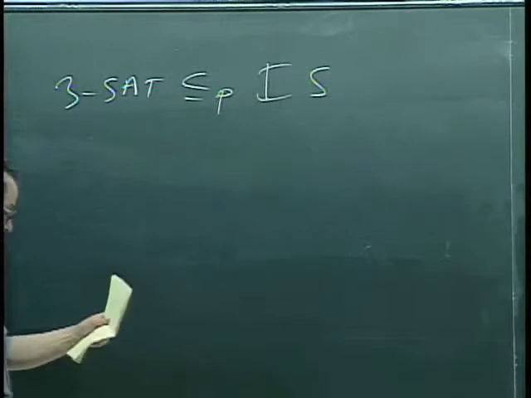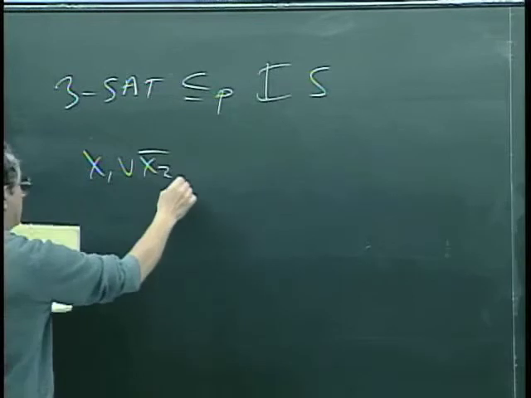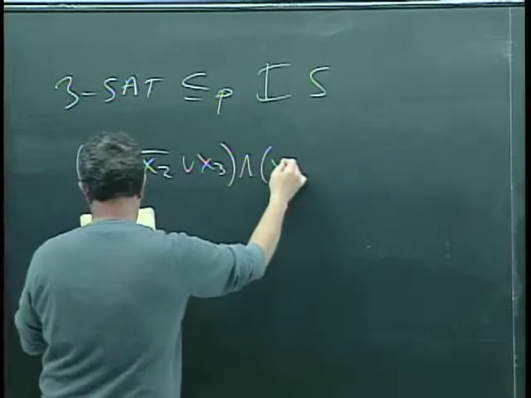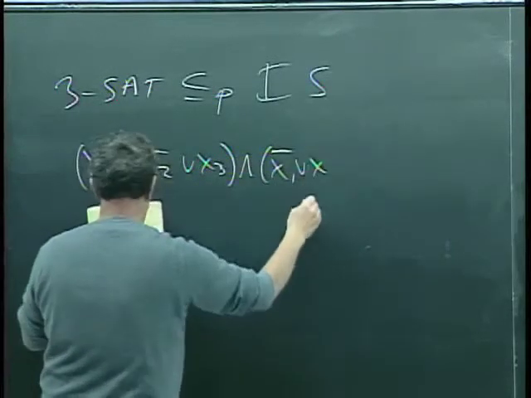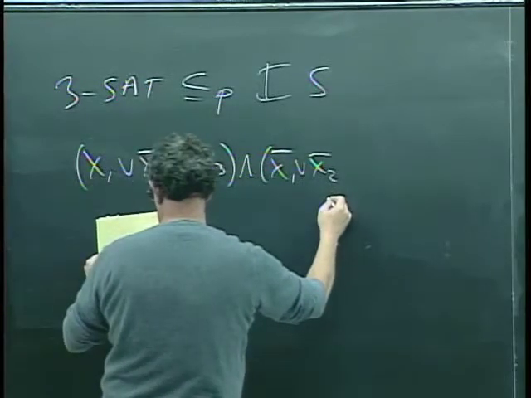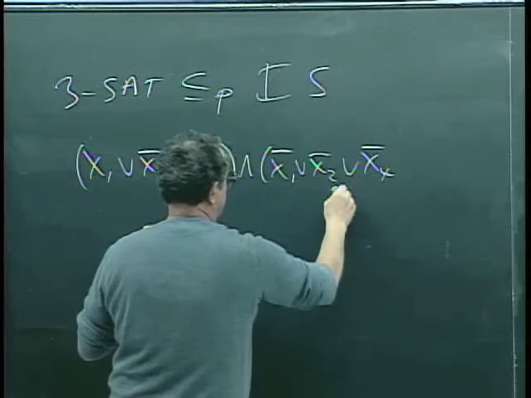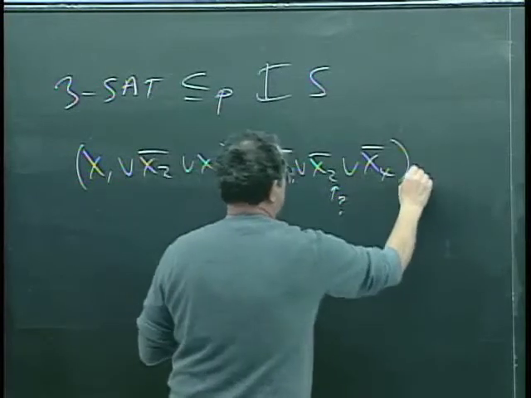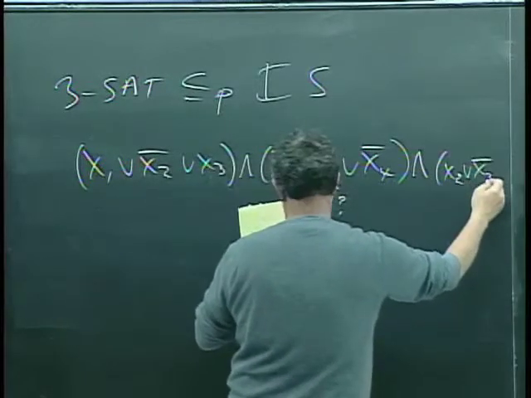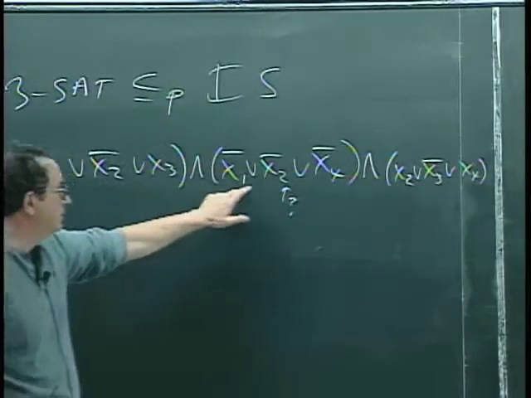Let me just give you an example of 3-SAT. x1 or x2 bar or x3, and x1 bar or x2 bar, I'm not sure whether that's 2, but we'll see later, or x4 bar, and x2 or x3 bar or x4. Okay, so we have 3 clauses.